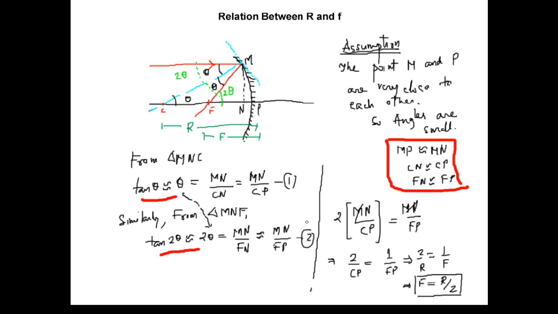If you substitute, you get F equals R by 2. That's it. This is how we establish the relation between R and F. Similarly, we can use it for a convex mirror also, which is a diverging mirror. In case of a convex mirror, exactly the same thing will be followed.